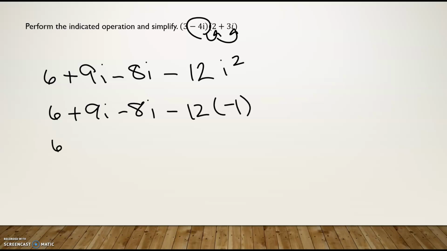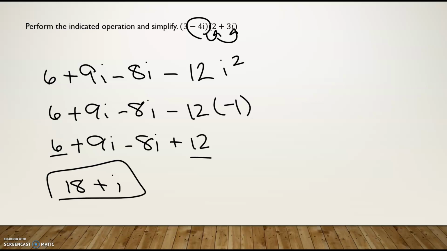So that will be 6 plus 9i minus 8i plus 12. Now I'm going to combine the 6 with the 12. That will give us 18. And then the 9i minus the 8i, so that will be plus i. And that will be our answer.